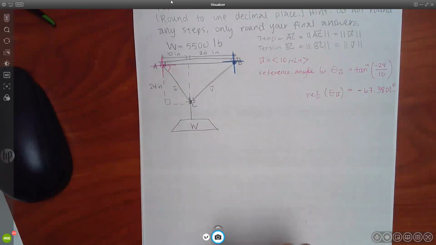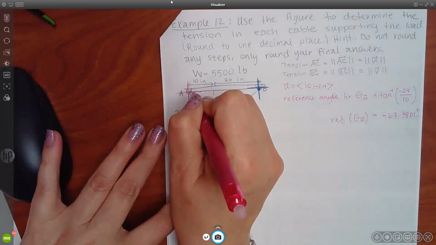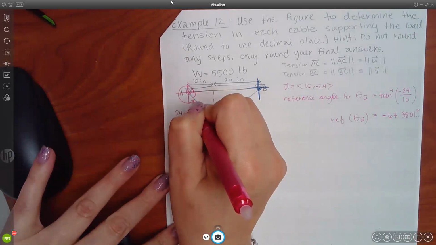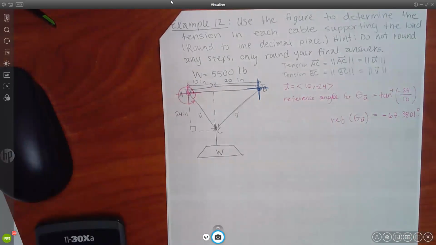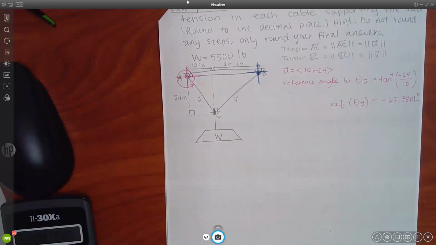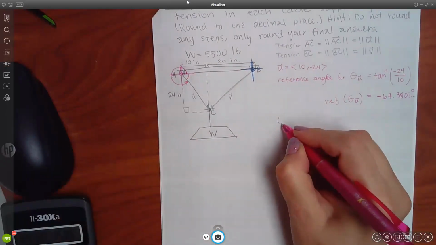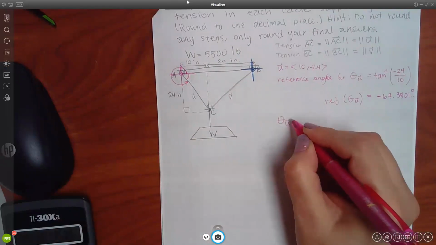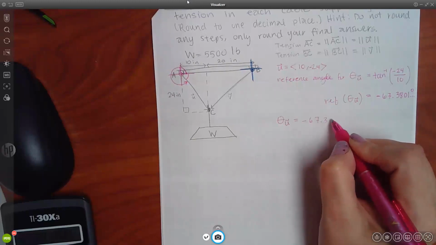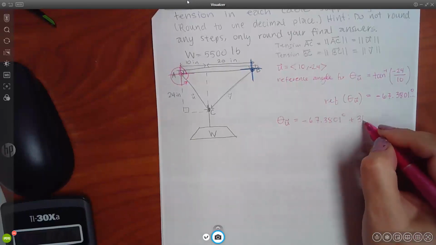But that's not what theta u actually is. Theta u is how long does it take if I go clockwise to come all the way around till I get to this vector, okay? That's the actual theta u. And that angle is not going to be a negative angle because I'm going clockwise. So if I want to find the actual theta u, I have to take this reference angle and I have to add 360 degrees.